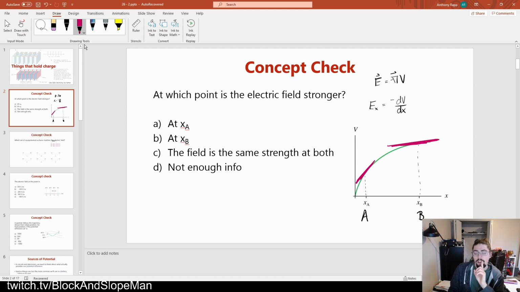The negative sign out here doesn't actually make a difference for us. Because again, we're looking for just the strength of the electric field. And if we're just looking for the strength, that's really just asking for magnitude, not actually worried about whether it's positive or negative. So the steeper slope is going to be where we have the stronger electric field. A is going to be our winner for this one.